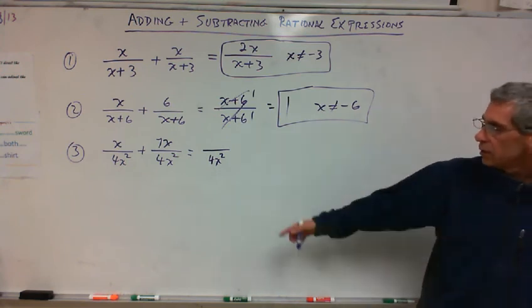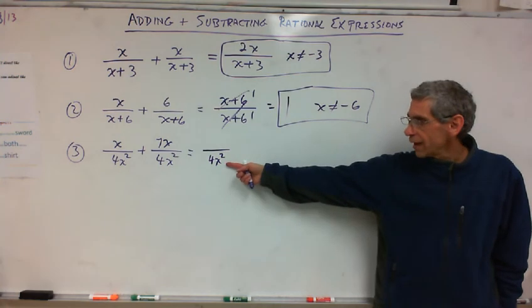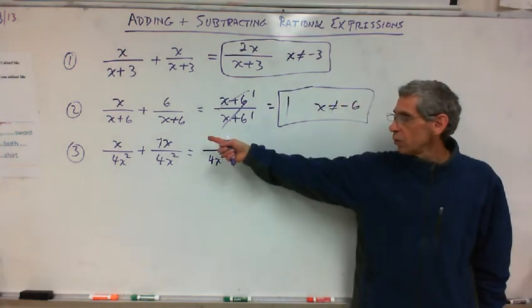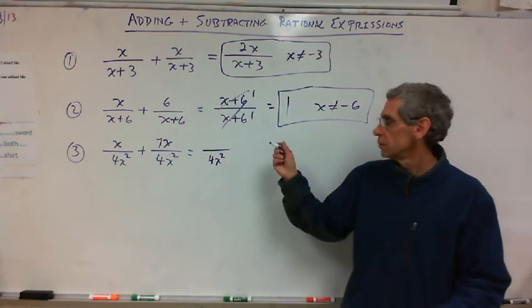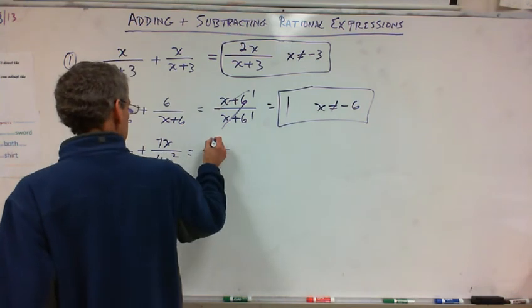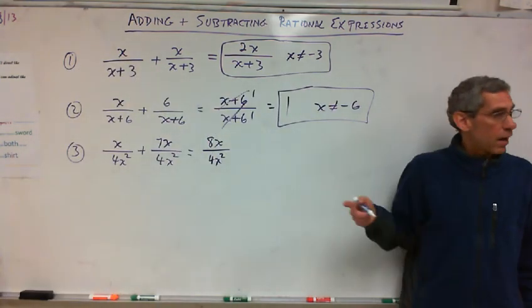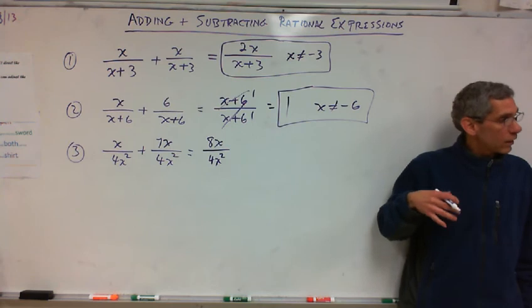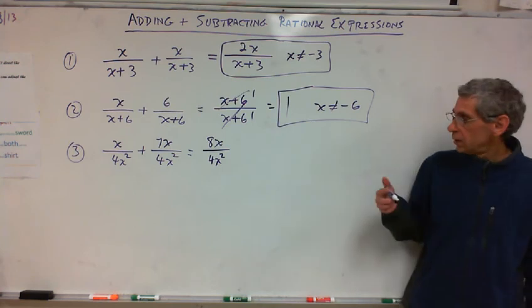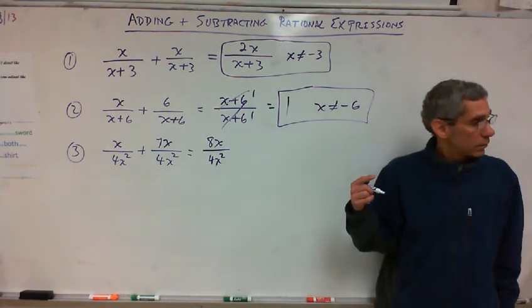All right, so same square. It already has the common denominator. So what's x plus 7x? 8x. All right, so good. We're there. Now we have to ask ourselves, is there anything we can do further?